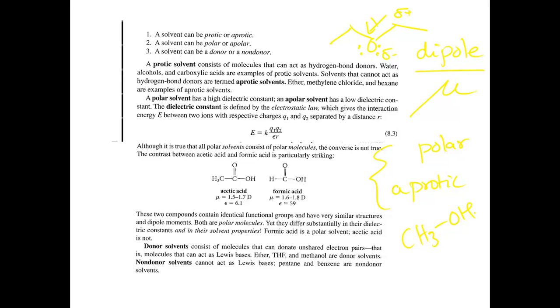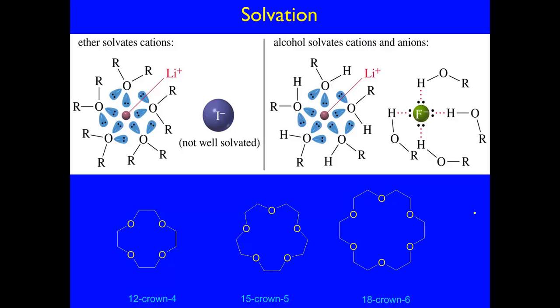Some reactions demand that you use aprotic solvents, and some demand protic solvents. So depending upon the reaction, we choose the solvent. If you use ethers as solvents, ethers have lone pairs on oxygens, and they solvate cations. Let's say you have diethyl ether as a solvent, and you use lithium fluoride as a reagent for some reactions, or potassium chloride or sodium chloride.